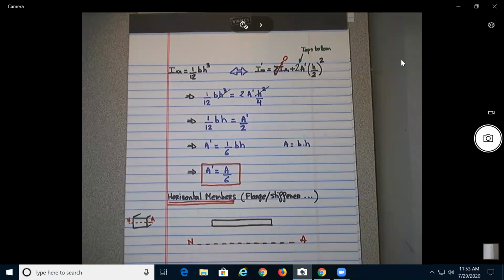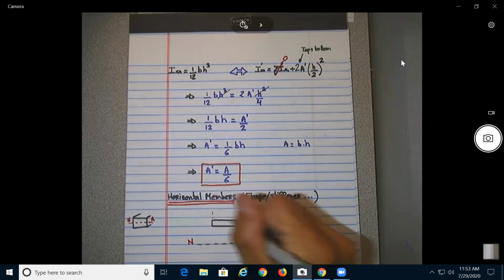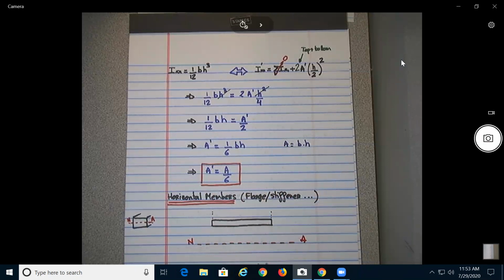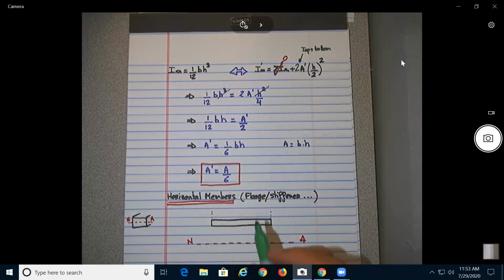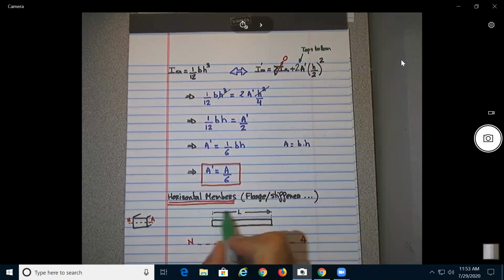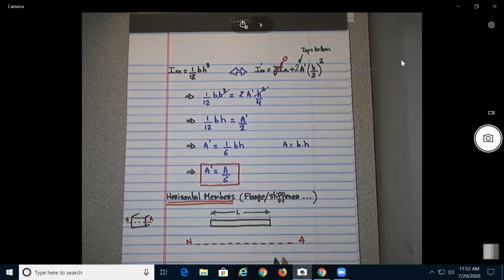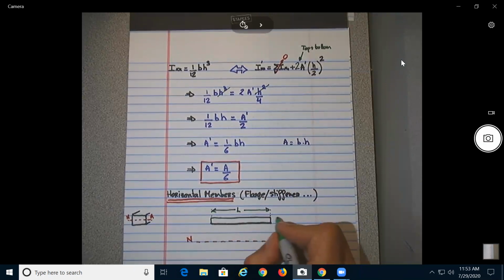And this time, let's do the dimensions. I'm going to change the notation to what I have here. I'm going to call this L, that way we don't have too many of these ones. Now I need to be careful.